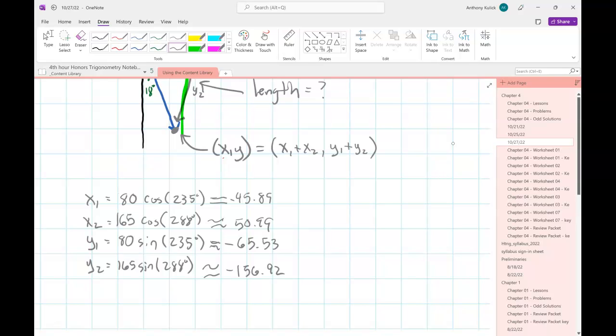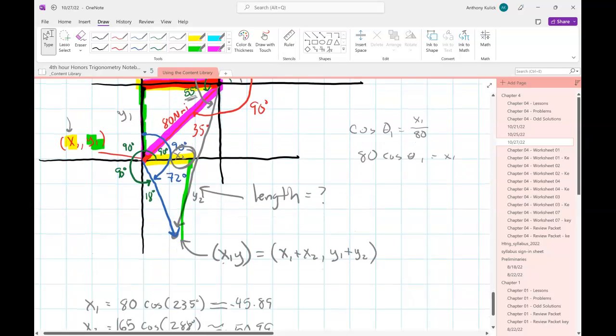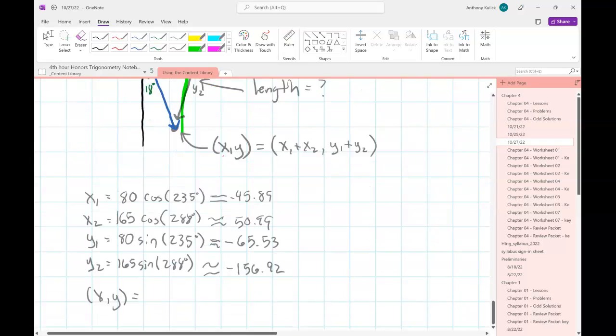Everybody's cool with how I came up with these numbers? Okay. So I tried to color code the x's in yellow and the y's in green. Does that feel okay? I know it's a lot.